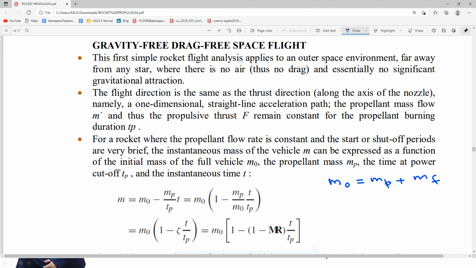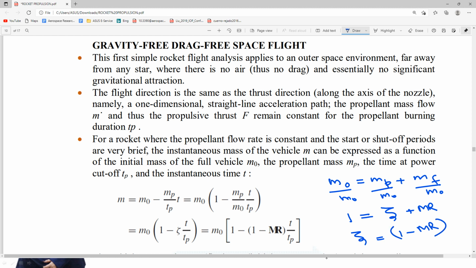If the entire equation is divided by m naught, what will be the expression? First of all, 1 equals zeta, where mp by m naught is denoted as the propellant mass fraction, that is propellant mass by total initial mass, plus mr. So from here zeta equals 1 minus mr.